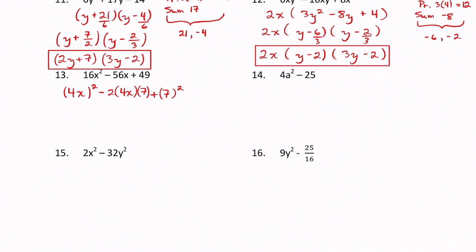Now if it is of this type, we can immediately break it down into its factors. It's just going to be one set of brackets, and then 4x goes first in both of them, and the 7 goes second. And then the sign that we use is this middle sign.